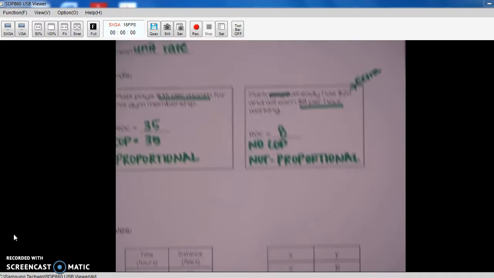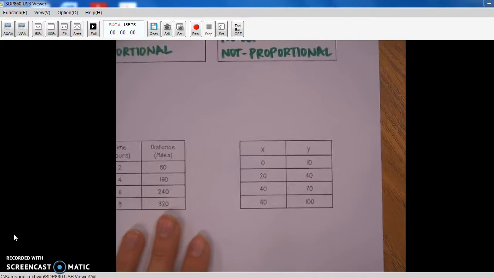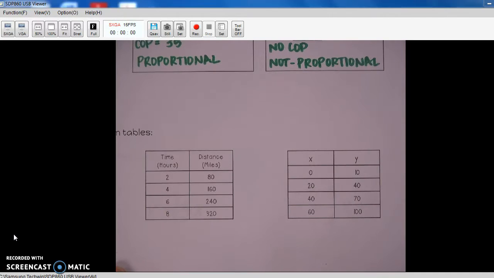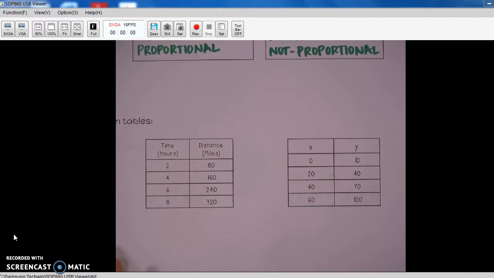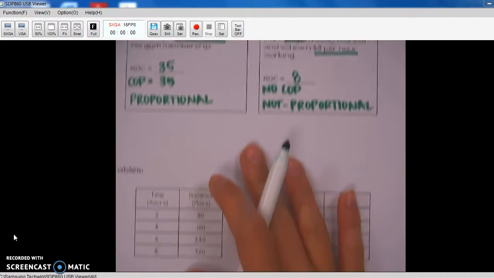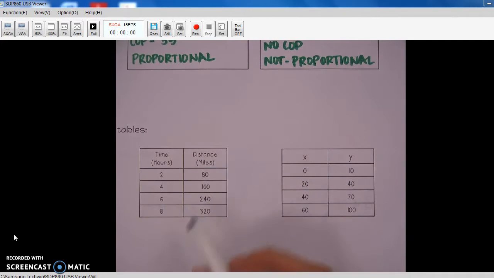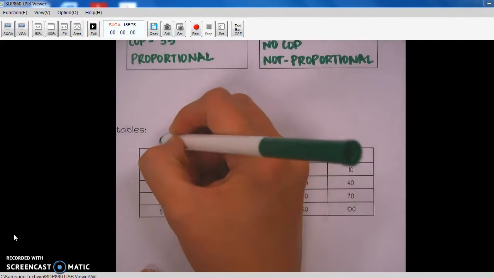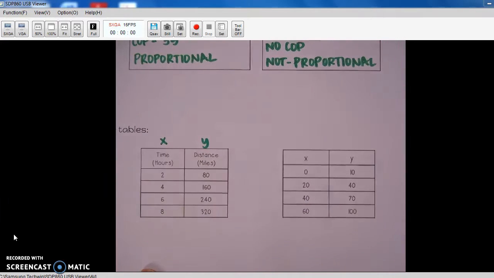All right, so now let's look at some tables. So if you're given a table to determine the rate of change, remember we want to find that change in y and divide it by the change in x. So we've got to find the differences. Remember, when you're looking at a table like this, x is going to be on the left, y is going to be on the right.